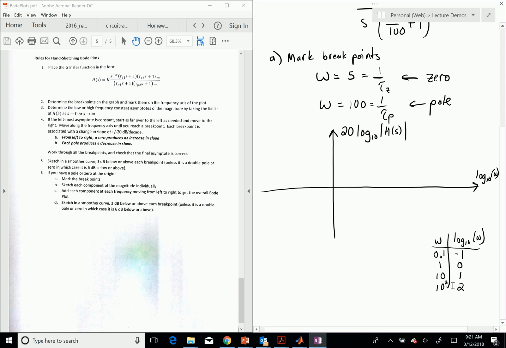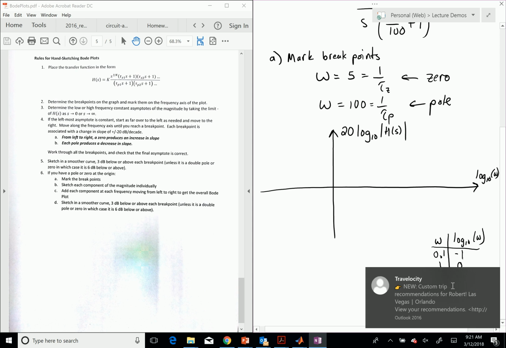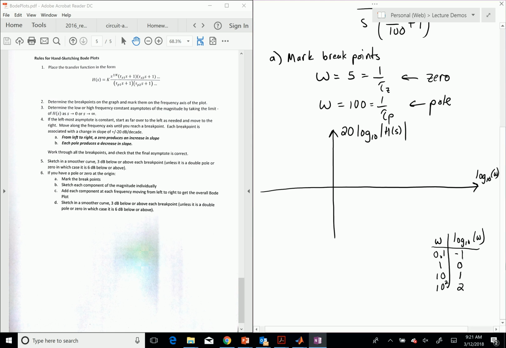Okay, so let's start to mark these axes up. I know that the origin here is 1 radian per second. The mark that would be 1. So what I'm going to do is write the logarithm on the bottom, and then write up top the corresponding omega value.